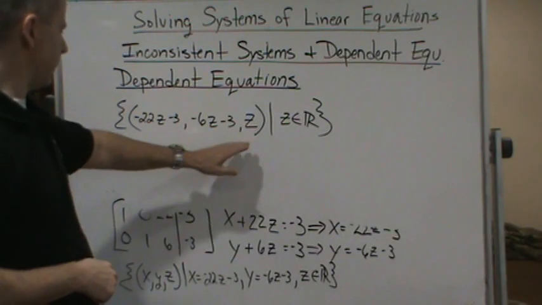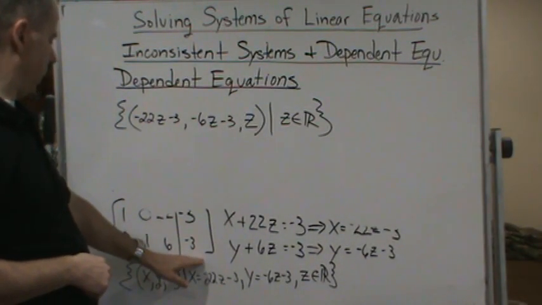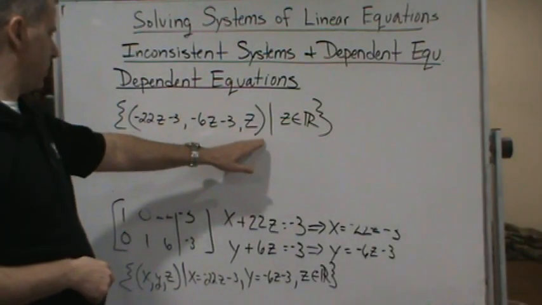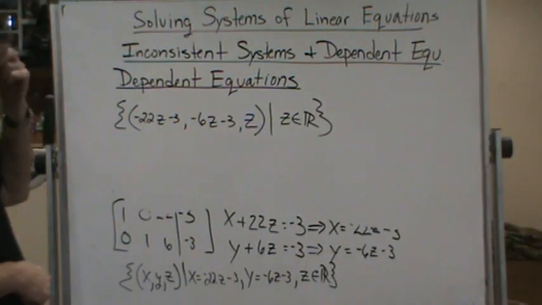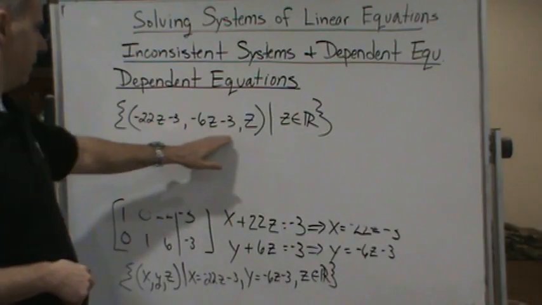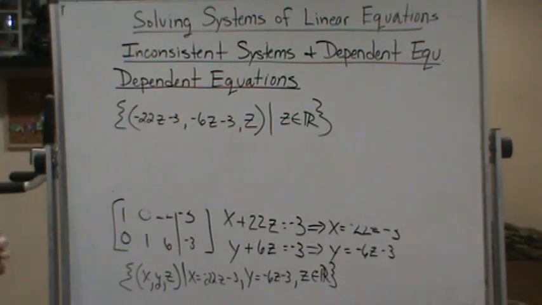So this is telling you where the two planes intersect. They intersect along this line, right? All of the points on this line.